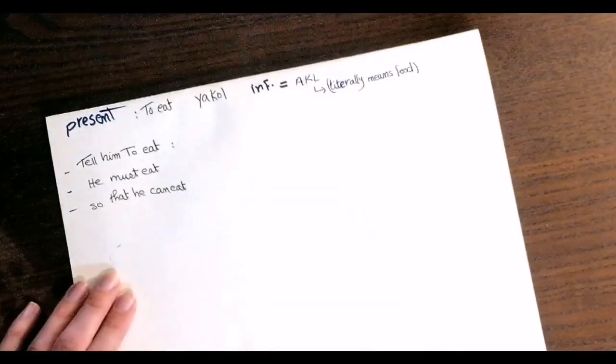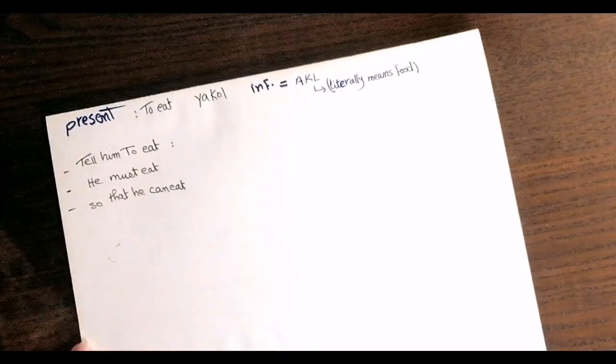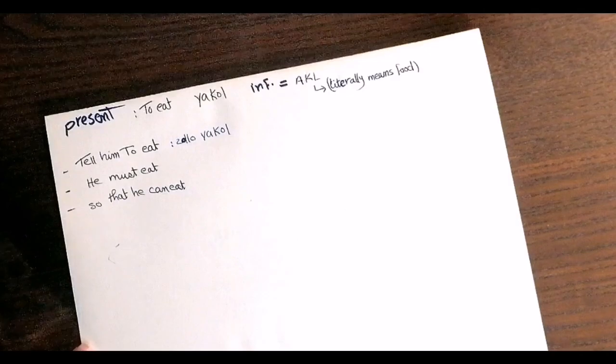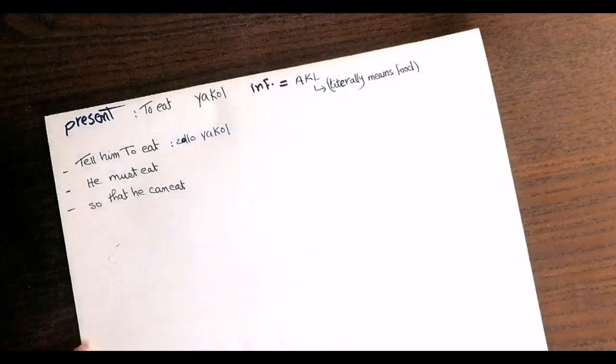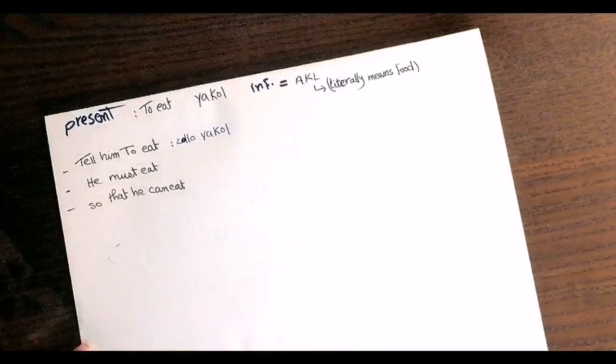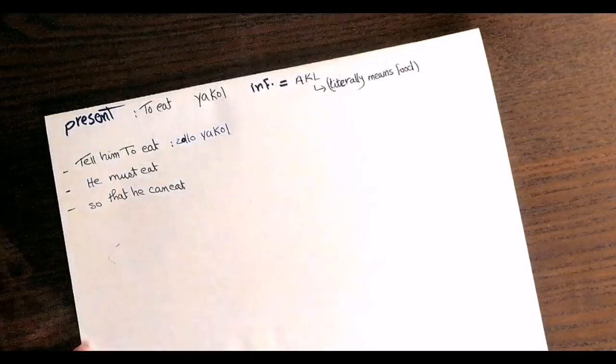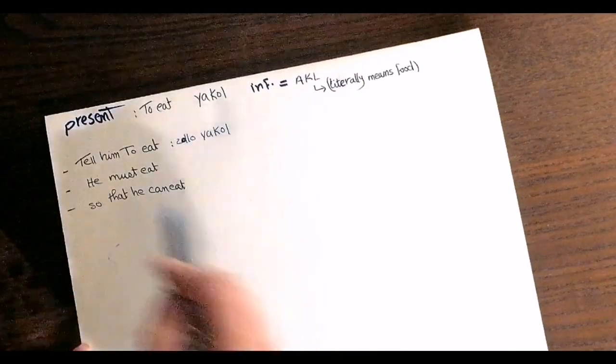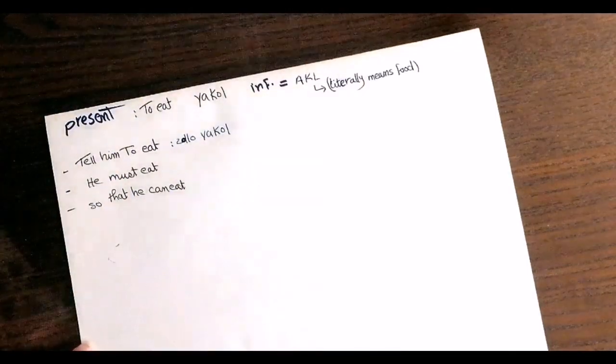So the first example would be tell him to eat. قل له يأكل. Never say it as in بيأكل. قل له بيأكل. No, this is very wrong. So يأكل here is the correct usage for the present tense. قل له يأكل.